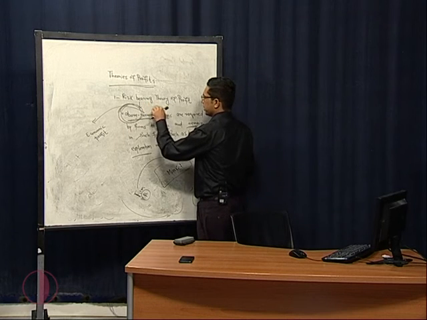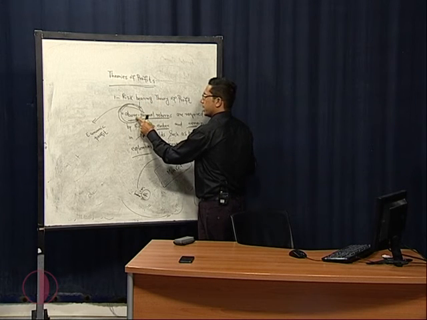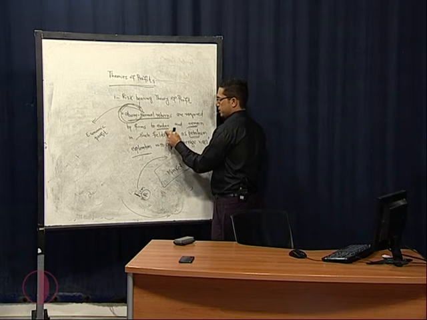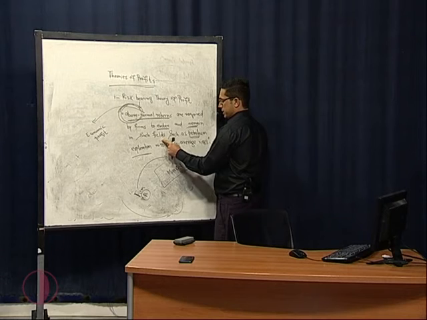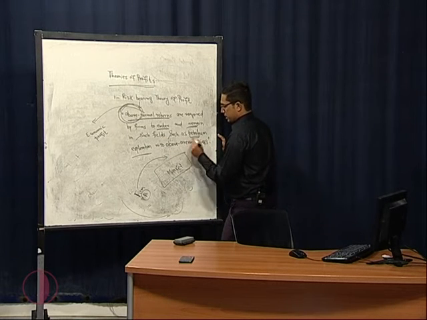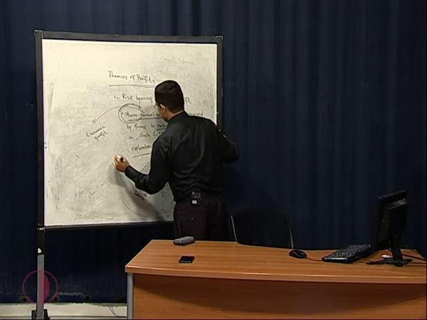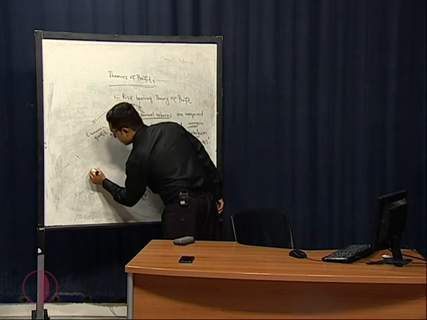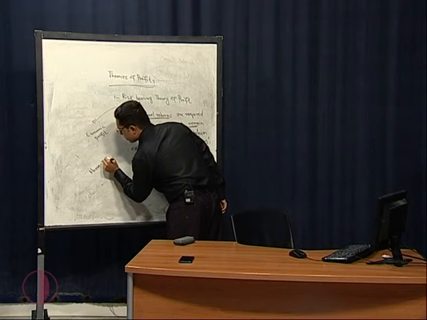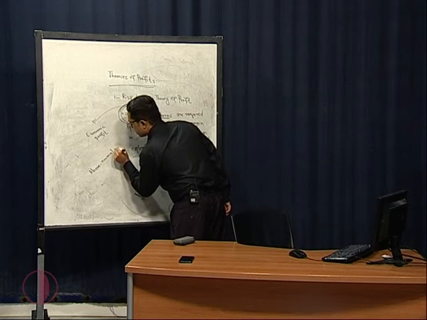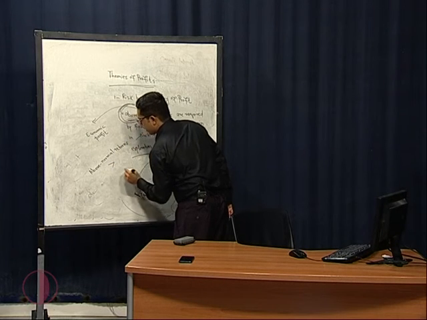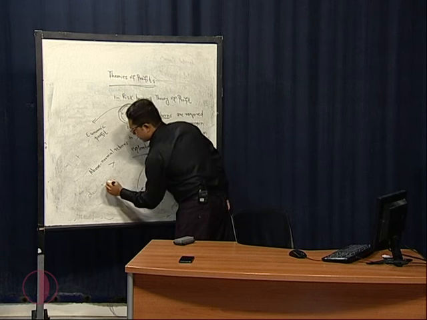So risk-bearing theory of profit means that above normal returns are required by firms to enter and remain in such fields such as petroleum exploration with above average risk. It means that above normal returns must be higher than above average risk.